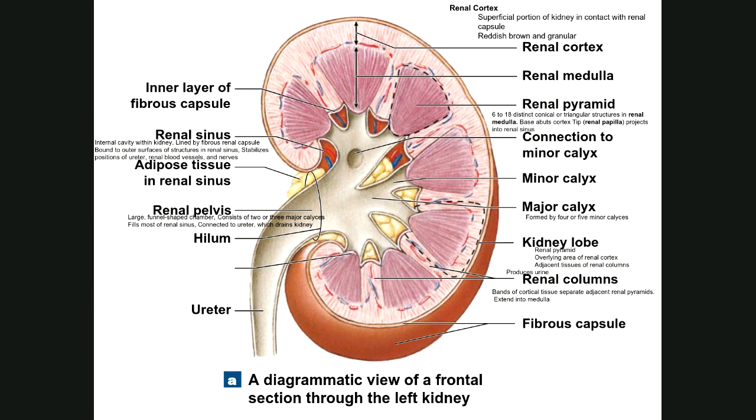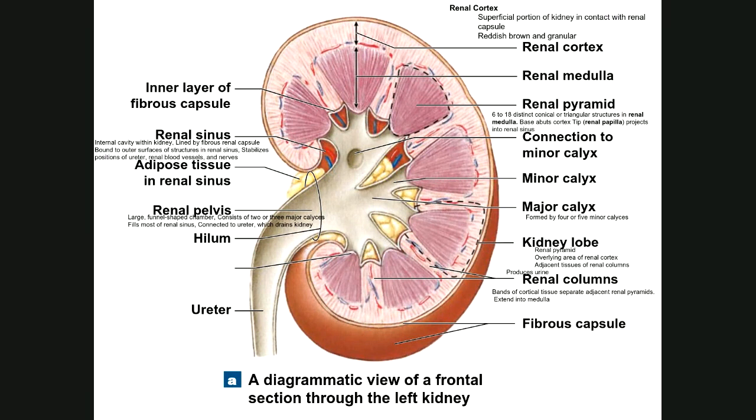Renal pyramid. And renal cortex. And this is the renal column. The renal column is actually a band of cortical tissue that separates adjacent pyramids from each other. That's a renal column. So parts of the renal column, the cortex and the pyramid, form a kidney lobe.